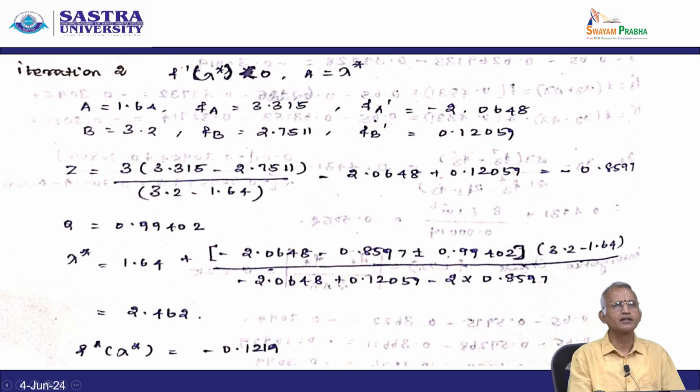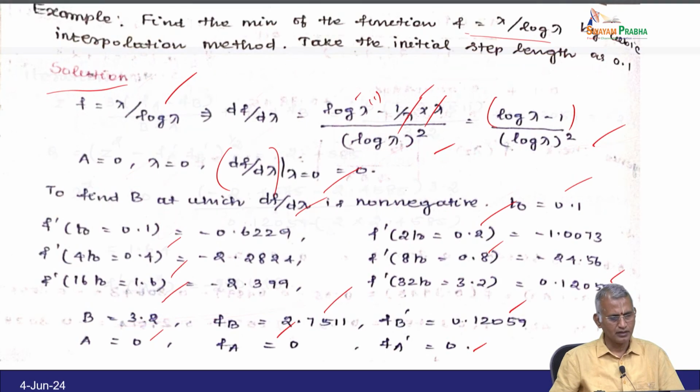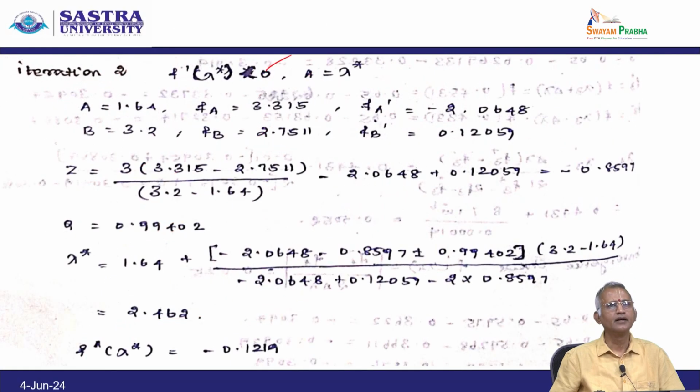Now, iteration 2. f dash of lambda star is less than 0, and a equal to lambda star. So, we found the value of a, and then f of a, f a dash, b, f b and f b dash. So, we got all the values.